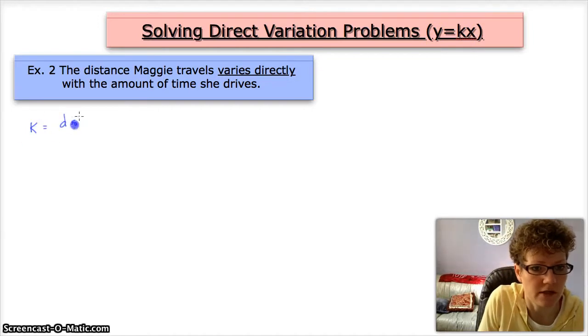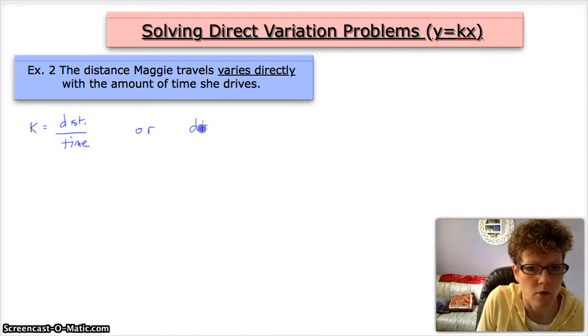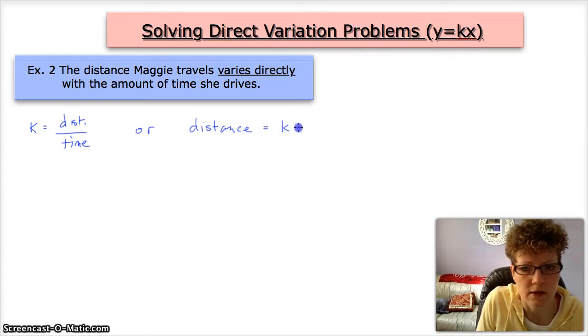K is going to be the distance over the time, or we know that the distance will equal the constant times the time. And this right here is y in the form of y equals kx, x being time. So as much time as we put in at a constant ratio, we're going to get the distance.